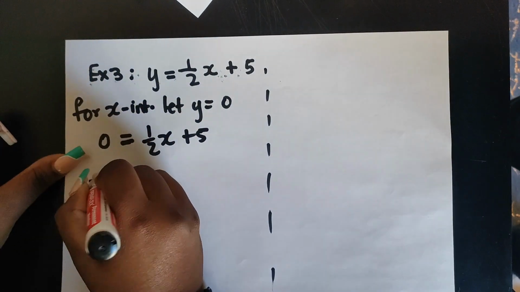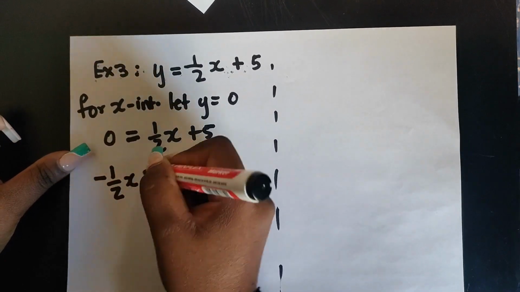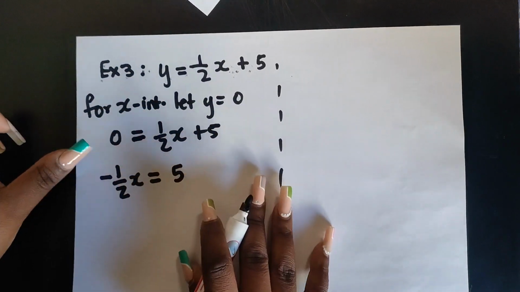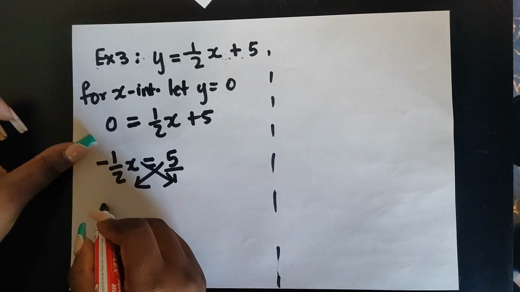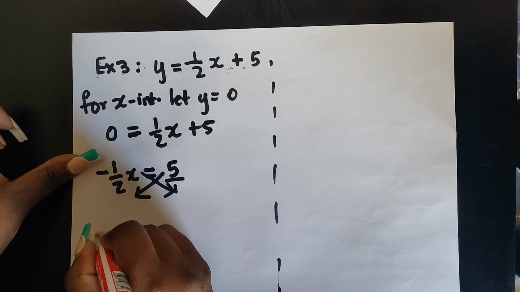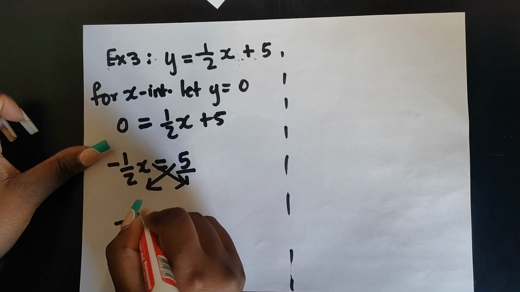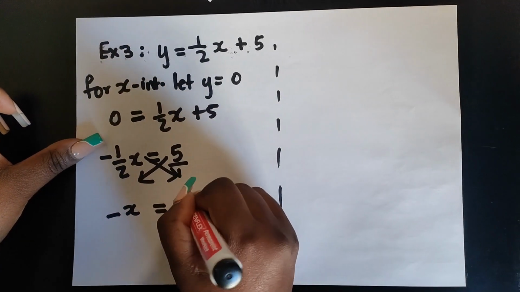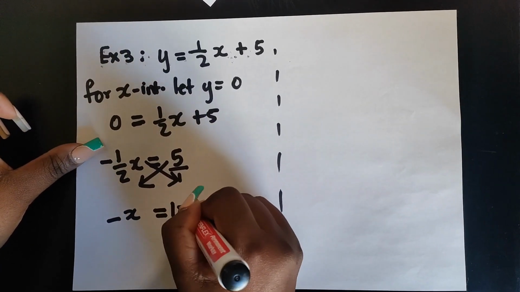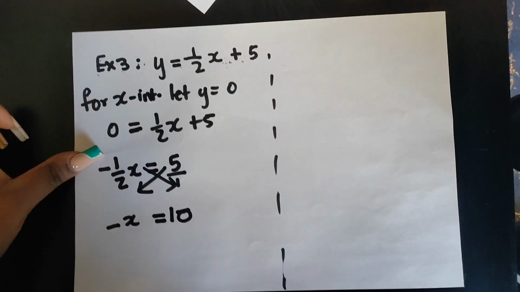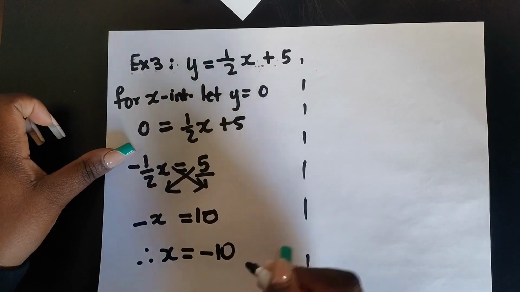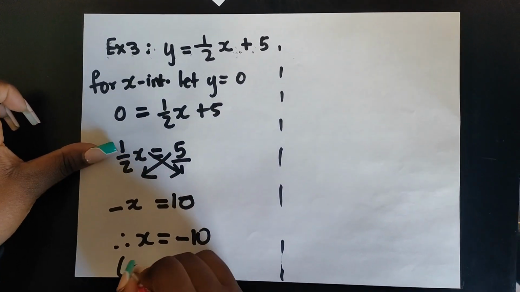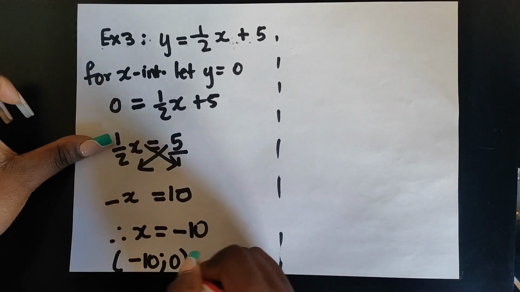Then we're going to transpose this, it becomes negative 1 over 2x is equal to 5. So now we just cross multiply. This is going to be negative x, and then there's going to be just 10. Therefore, x is equal to negative 10.